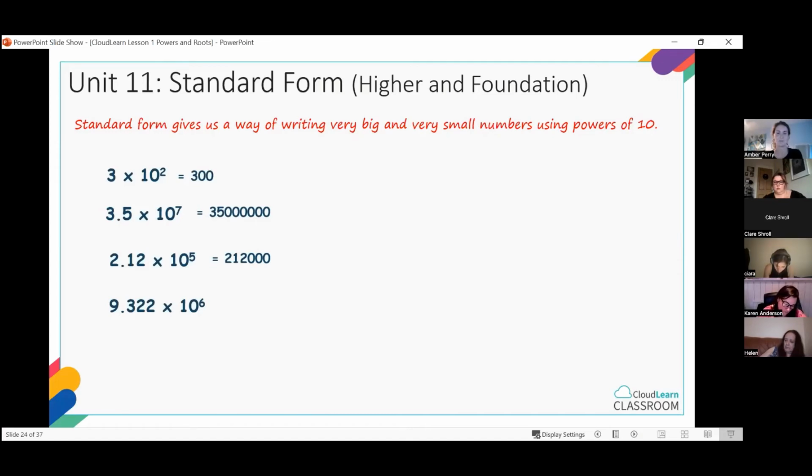If anyone wants to put it in the chat, if they're feeling brave, please do. If anyone wants to unmute themselves and tell us the answer, please do. Or have a go at writing on the screen if you can work out how to. Okay, excellent. Stuart got it right, well done.